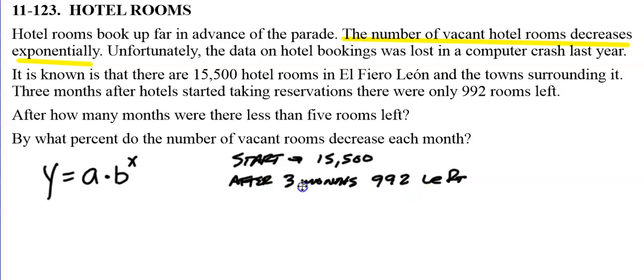So we know then that right here, this 3, that is our time, or how much time went by. So that's going to end up being our x value. And our starting value is right here at 15,500.